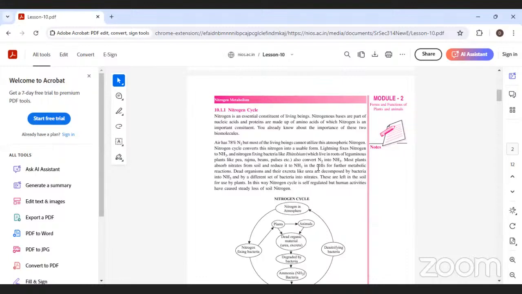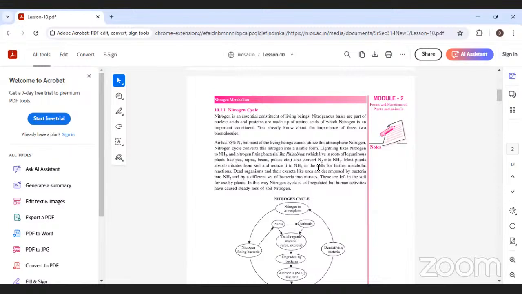obtained from the nitrogen fixing bacteria of the soil, which can utilize N2 directly in the synthesis of their own amino acids and proteins. Some nitrogen fixing bacteria live in the root nodules of the Leguminosae family.